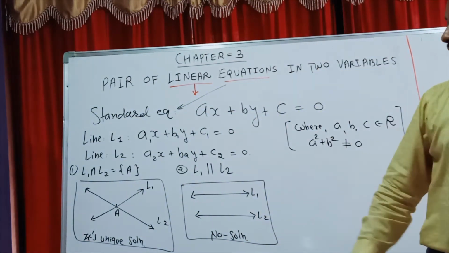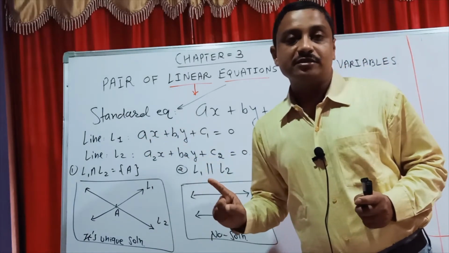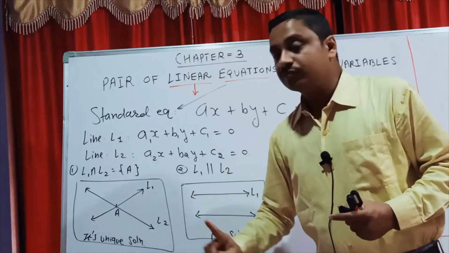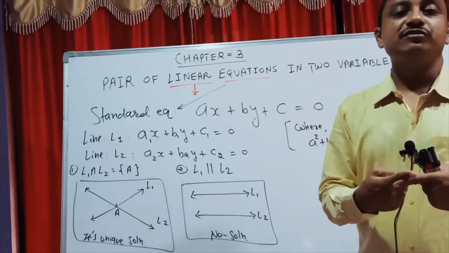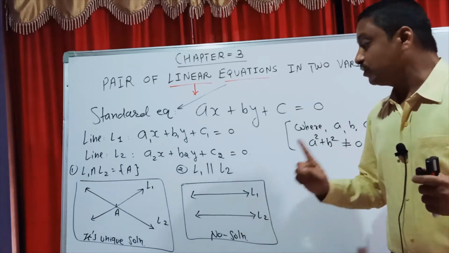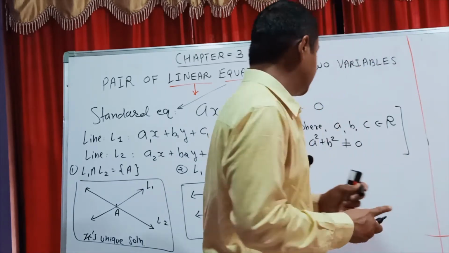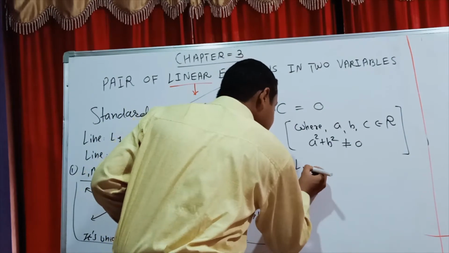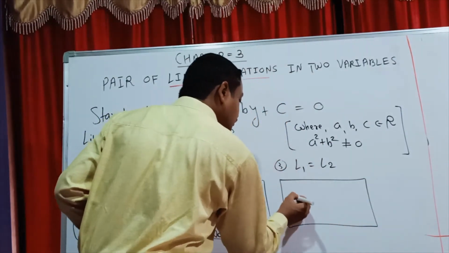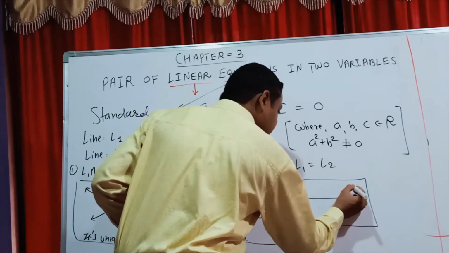Again I repeat, L1 and L2, two lines, have three cases of intersection. The first case is a unique intersection solution. Second, no solution if they are parallel. And the third case is L1 equal to L2. It means your two lines are overlapping each other.